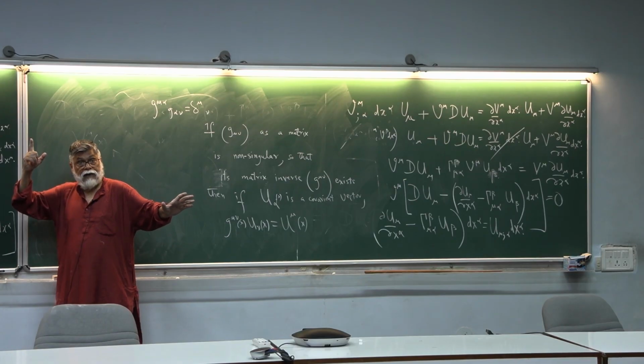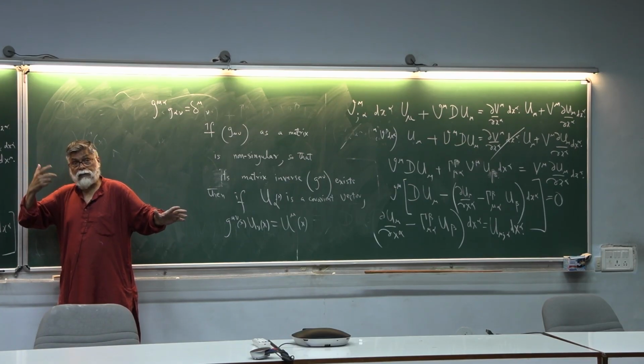But Ashtekar, when Ashtekar gave his new variables, one of the prime aims was: can we still do general relativity when the metric is non-invertible?